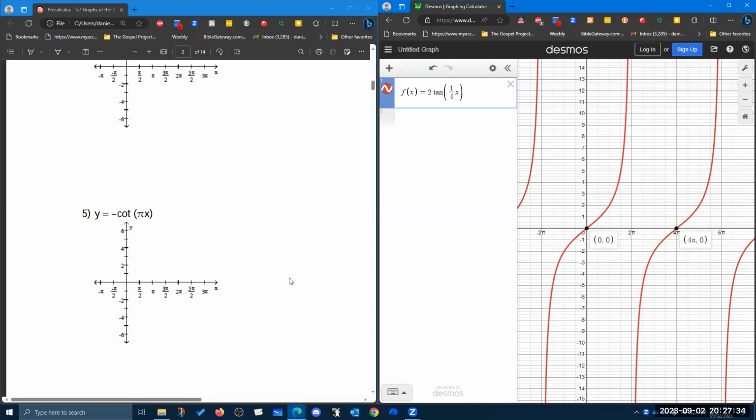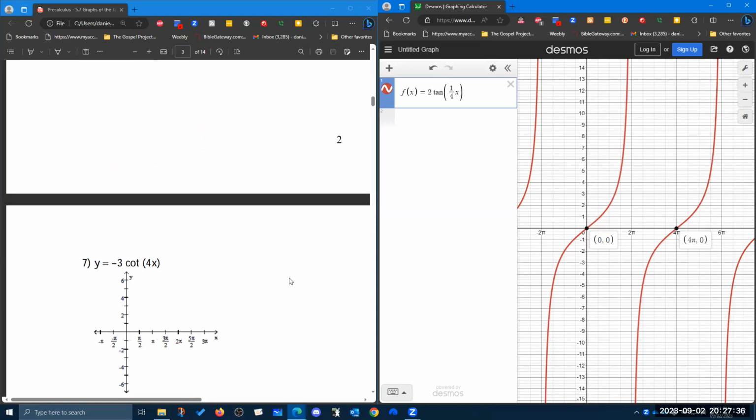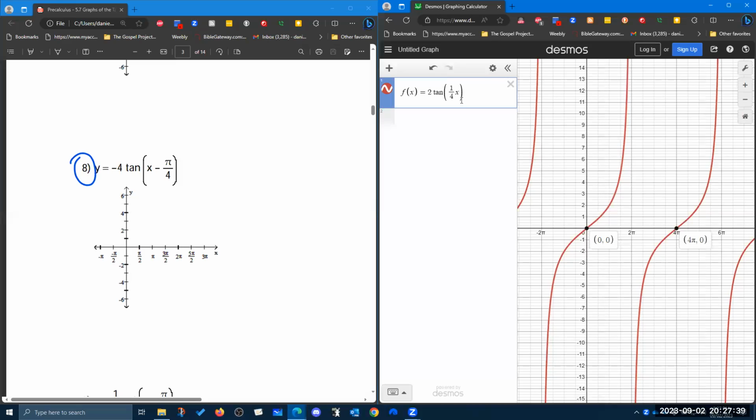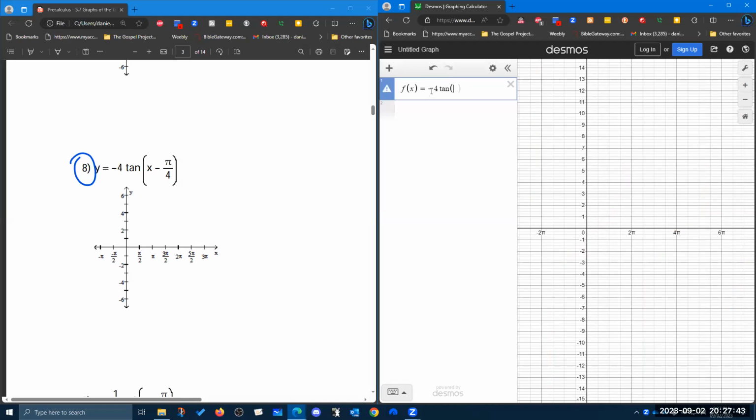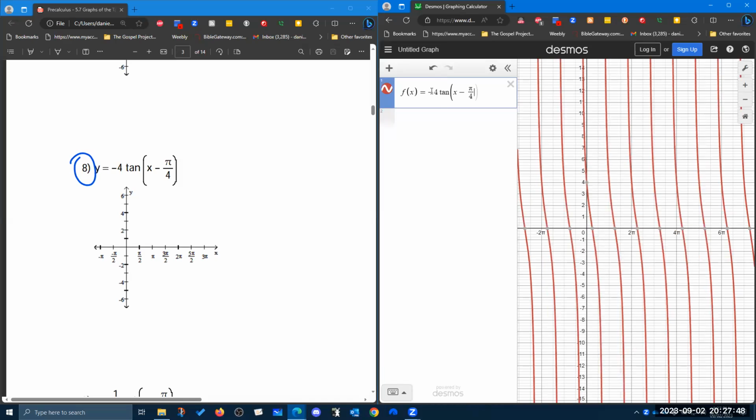We've got 2 more to look at in this section with tangent. Here's the next one. Negative 4 tan of x minus pi over 4. So this one happens way more often, and it's got a shift of pi over 4 to the right.